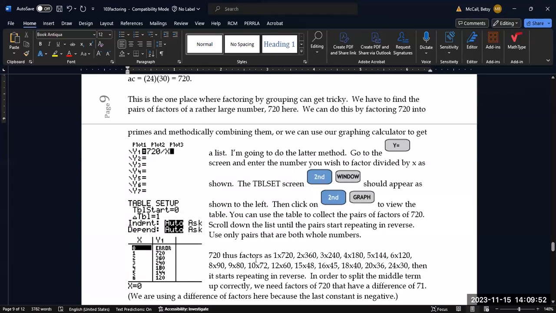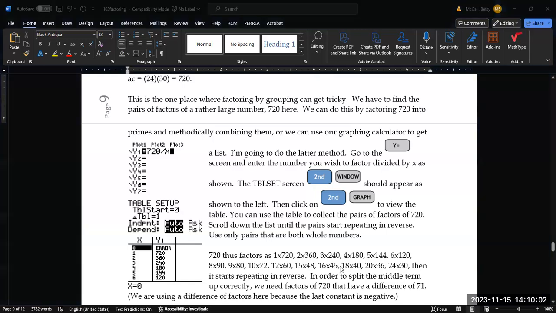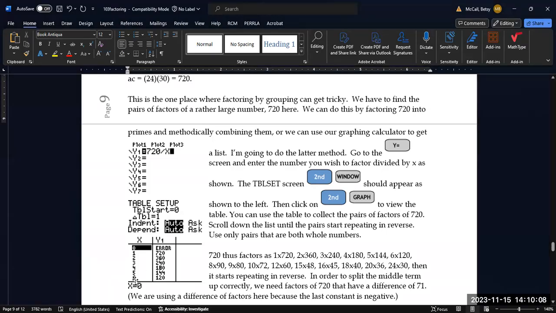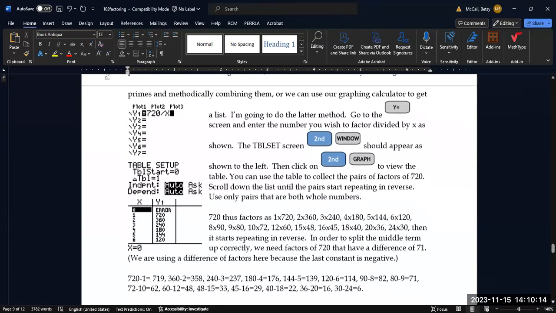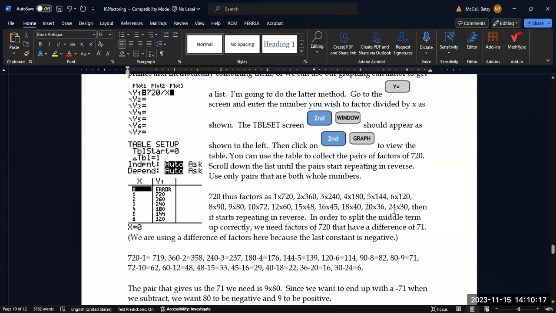So 1 and 720, 1 times 720 is 720. 2 times 360 is also 720. 3 times 240 is also 720. 4 times 180 is also 720. 5 times 144 is also 720. 6 times 120 is also 720. And if you keep going until you get to the point where the factors start repeating themselves.